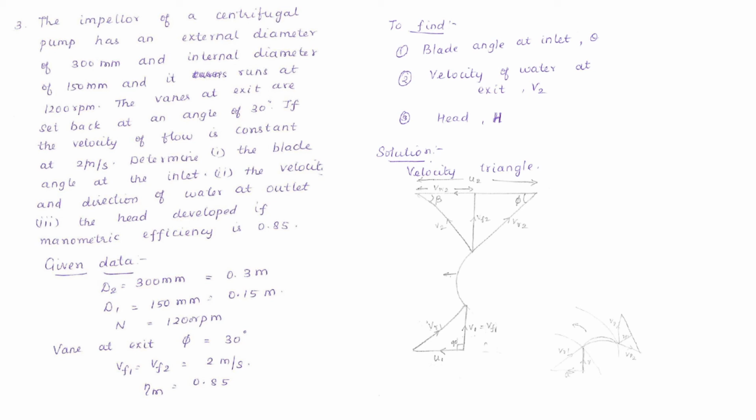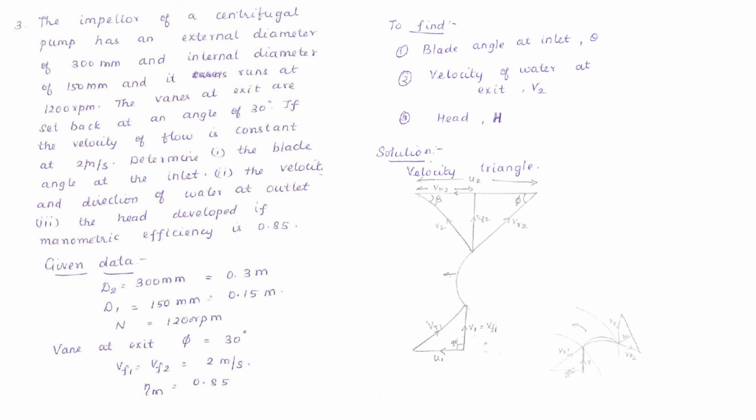But in the case of centrifugal pump, you have to consider that as an inlet. Like alpha is equal to 90, V1 is equal to VF1, VW1 is equal to 0. Clear? Whatever the things which is in the outlet in the Francis turbine, the same thing, but you have to change the notations.